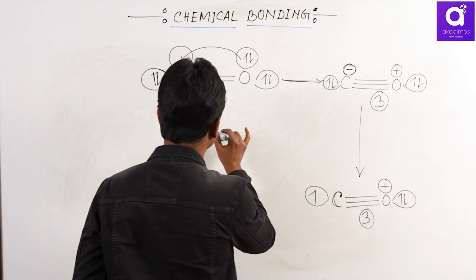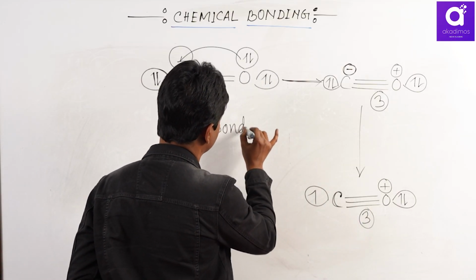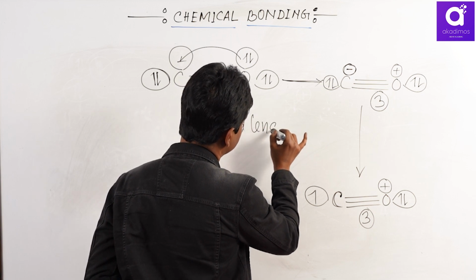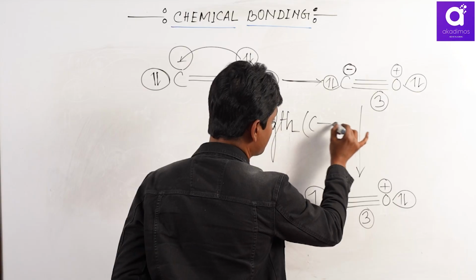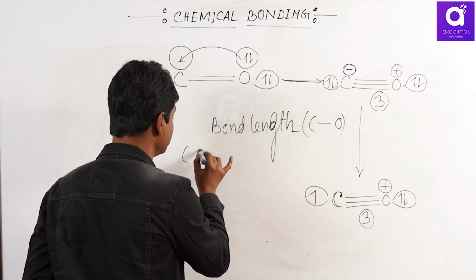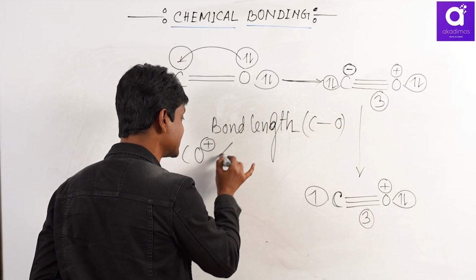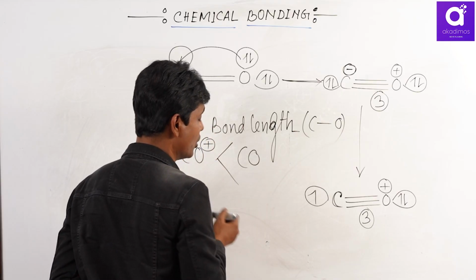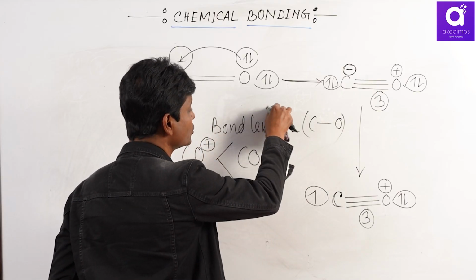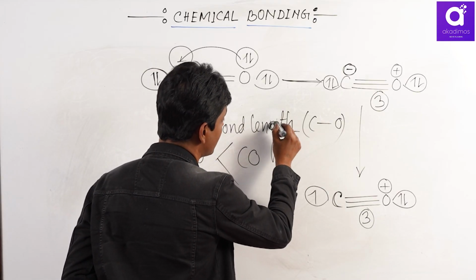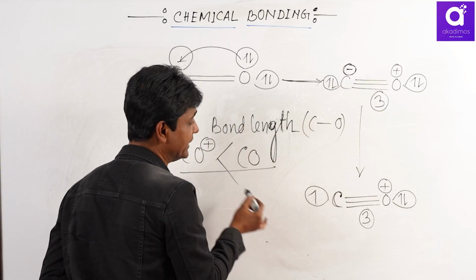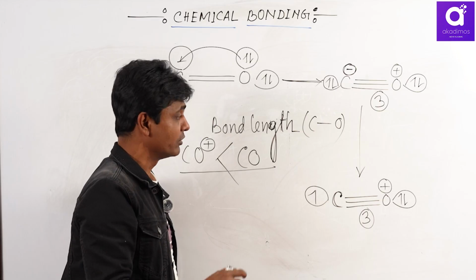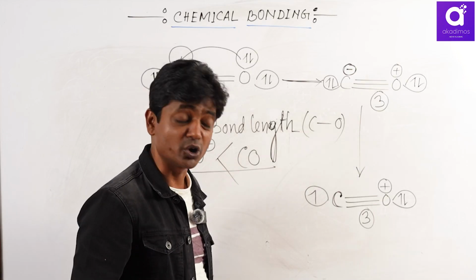That means the CO bond length in CO plus is less than CO, although both bond orders are 3. From the structure, only its electronegativity will decrease the bond length a little bit.